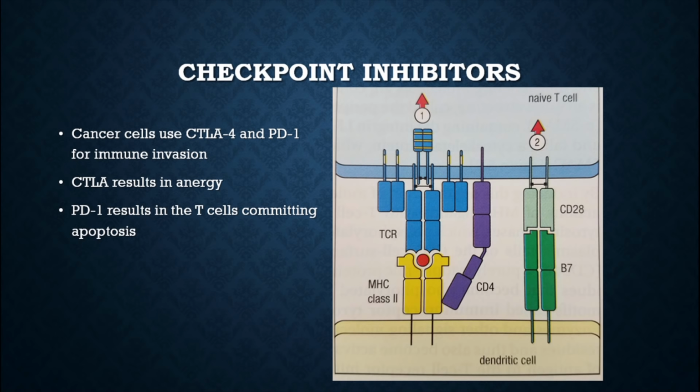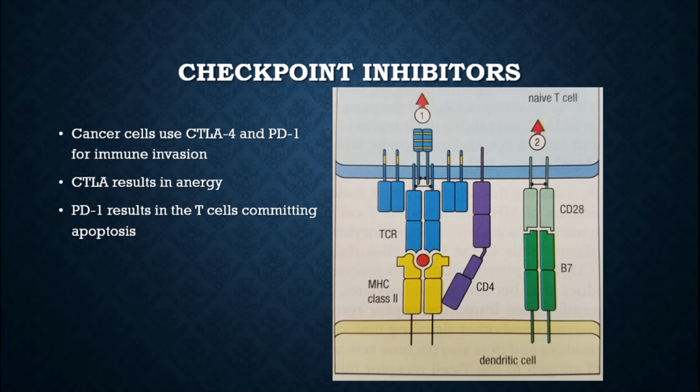Briefly, going to mention checkpoint inhibitors because those were also talked about in like 3 classes. A checkpoint inhibitor is designed to, as it says, prevent a checkpoint. So to put this in context, cancer cells use both CTLA4 and PD-1. Remember, CTLA4 suppresses the immune system, and PD-1 actually causes the T cells to commit apoptosis.